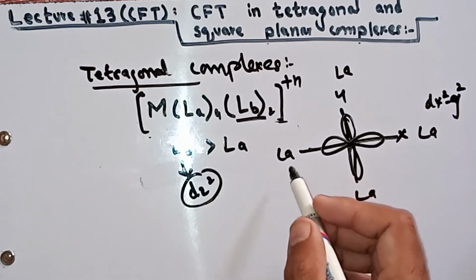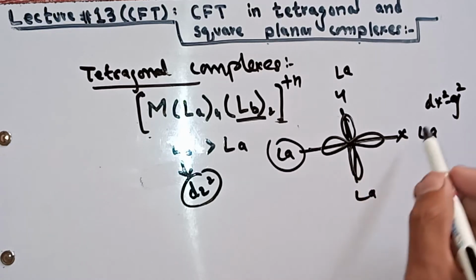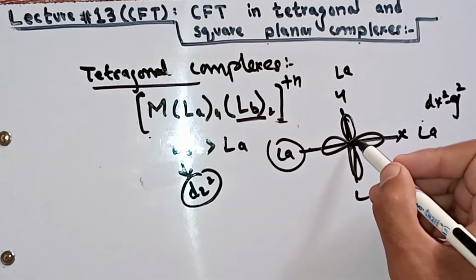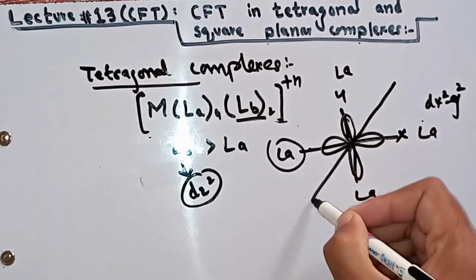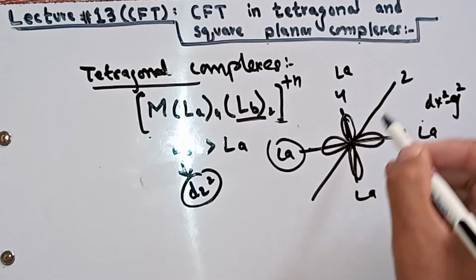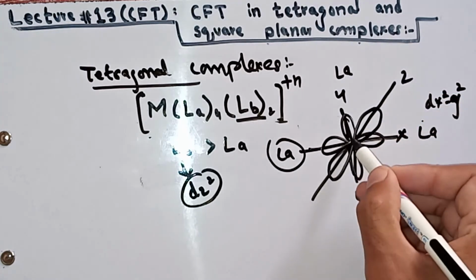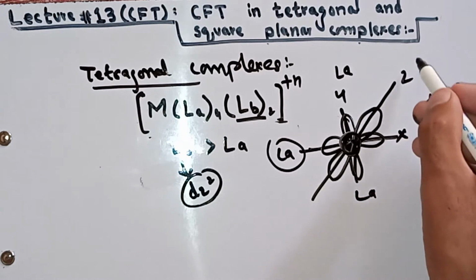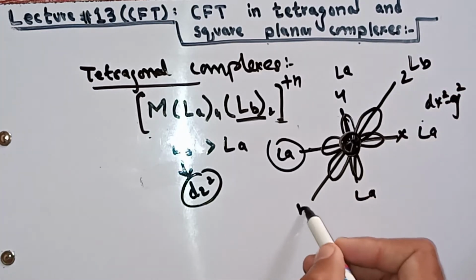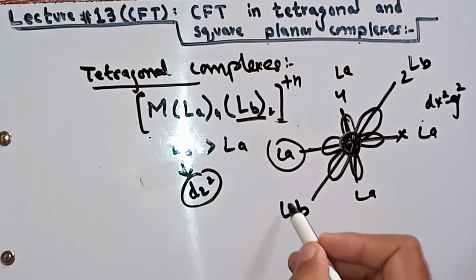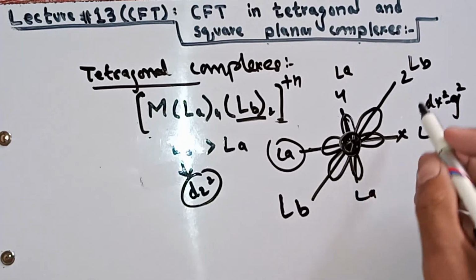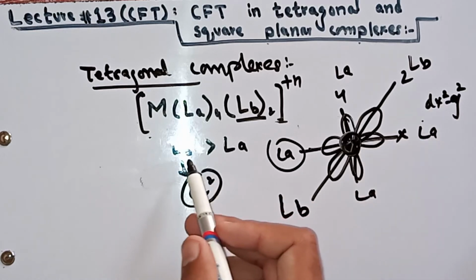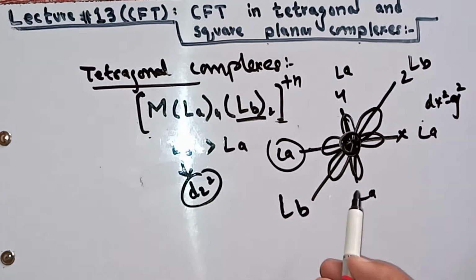These are the La ligands approaching the central atom, while this is the z square orbital, the double-lobed shape, the dz square orbital. So when two Lb ligands approach the central metal in this way, and Lb is stronger than La, what will happen?